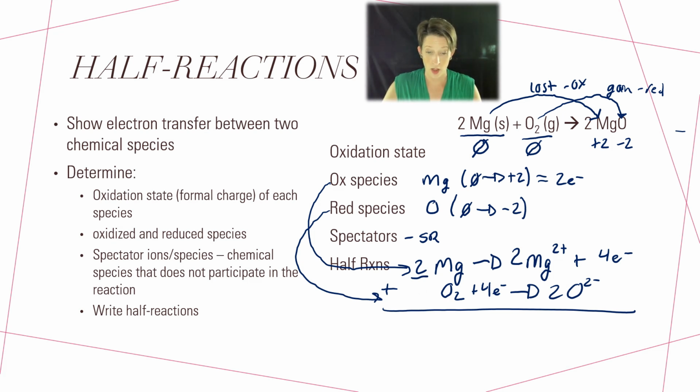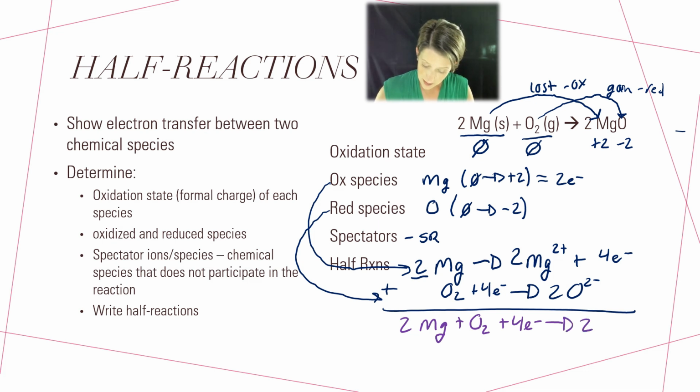To check your work, what you want to make sure happens is you have the reaction that is written above. So we want to bring down everything that just occurred. We have 2 magnesium plus oxygen plus 4 electrons. We have 2 magnesium ions and oxygen ions.